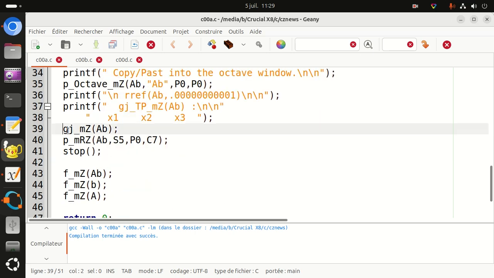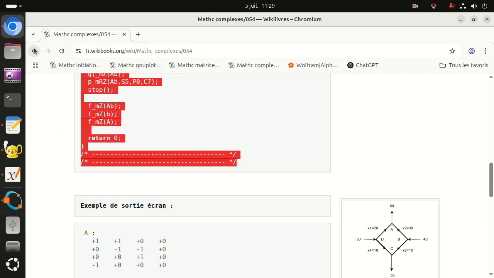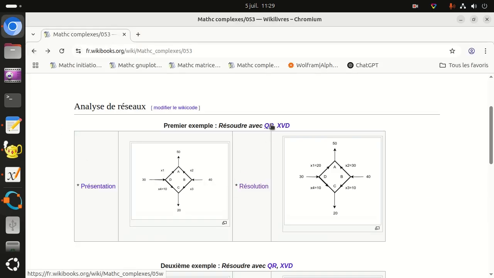I only use the function Gauss-Jordan. Instead of Gauss-Jordan, you can use the QR factorization.